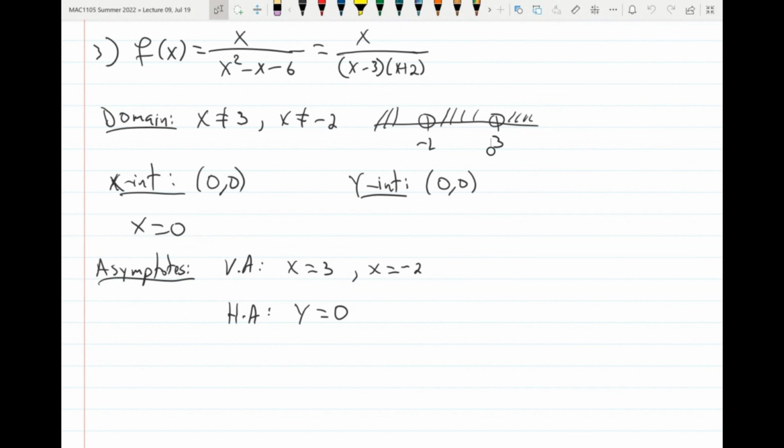Put in some points. For example, focus on one asymptote. Which one do you want to analyze first? Let's see, to the right. Pick a number to the right. What will be a number to the right? Correct, 4. So plug in 4 and see whether you get positive or negative, and you will know if it goes up or down. Then keep doing that for the other asymptote on all sides.